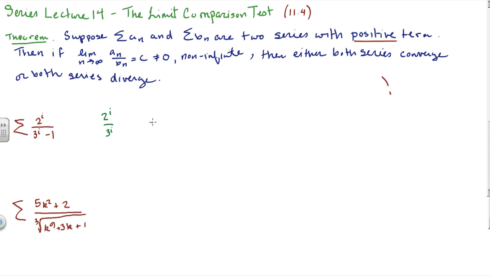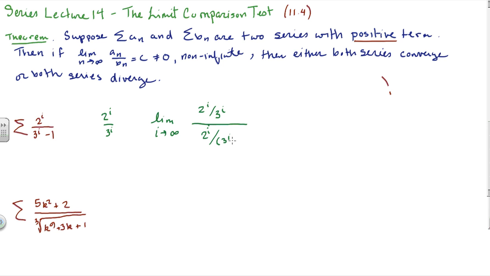But the limit comparison test will. If I take the limit as i goes to infinity of the ratio of these things, it doesn't matter which one you choose, because if it converges to a non-zero, non-infinite number, then the reciprocal will too.